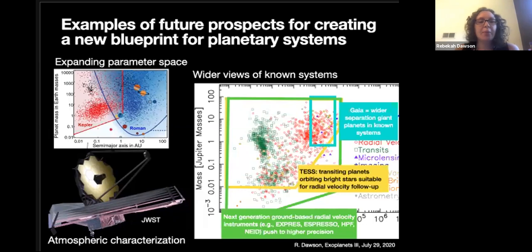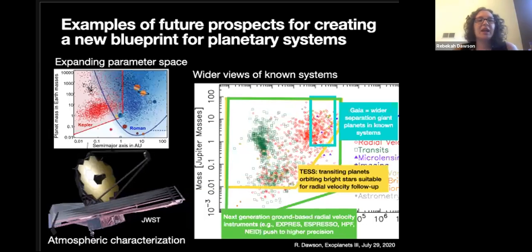There will be upcoming missions doing more atmospheric composition, which will be really interesting in trying to link the atmosphere properties to the architectures in that system and see if it tells a consistent story about the formation.